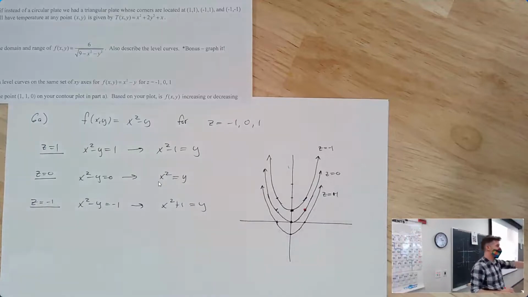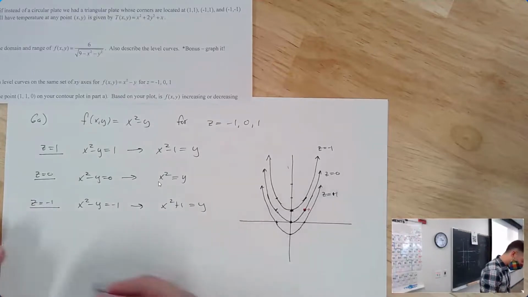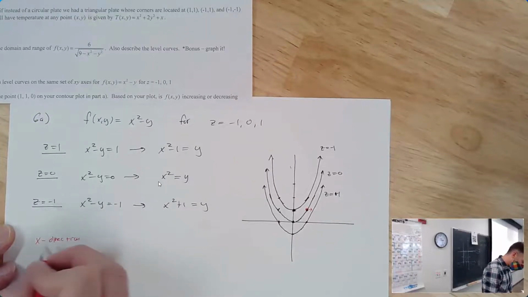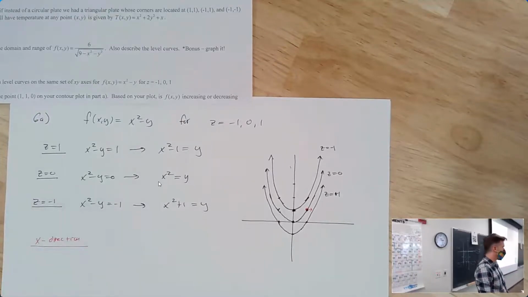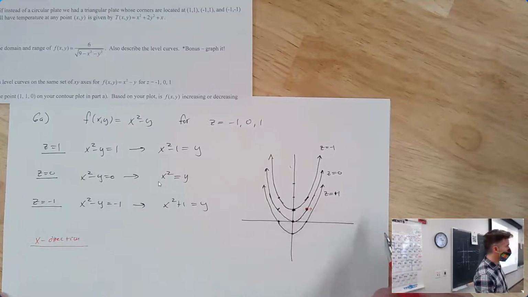Specifically, when they say in the x direction, they mean in the positive x direction. So we move in the x direction. Is the function getting larger or smaller? Larger, right? Because the level curve is a bigger value. We're going from a function value of 0 towards a function value of 1.